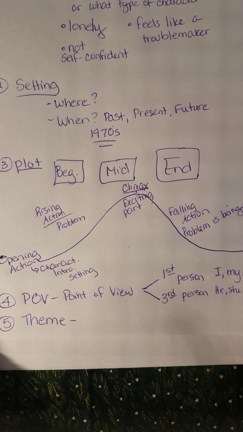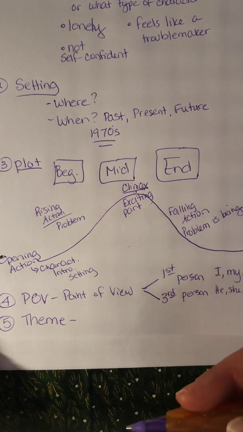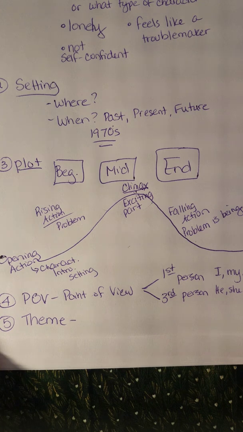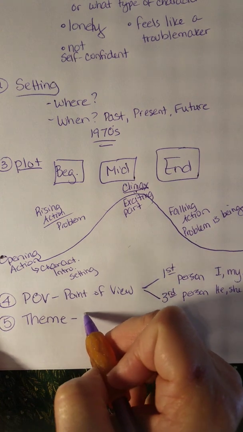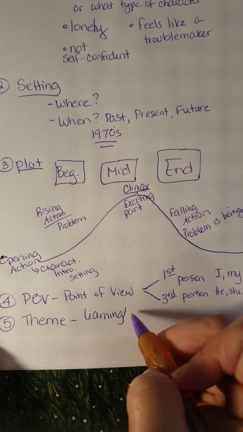And it's you as a reader taking what you know about what they have learned, maybe how these characters have changed and developed, and coming away with a better understanding of what is maybe good behavior, what is bad behavior, what are some things that you need to keep in mind. So theme, you can also think about it as the learning or the lesson.